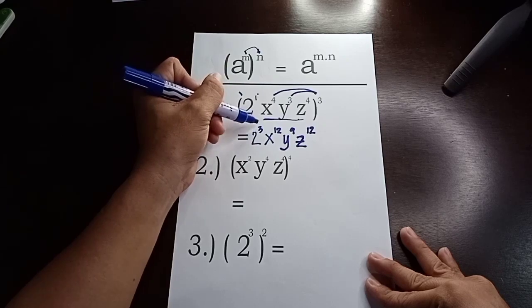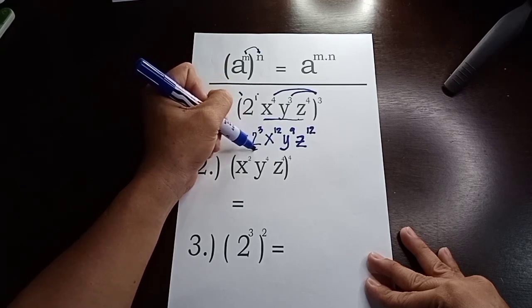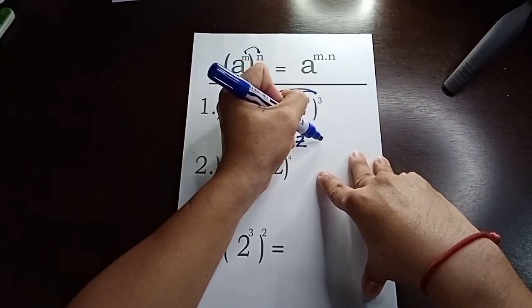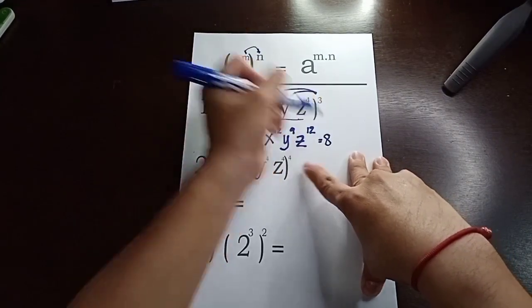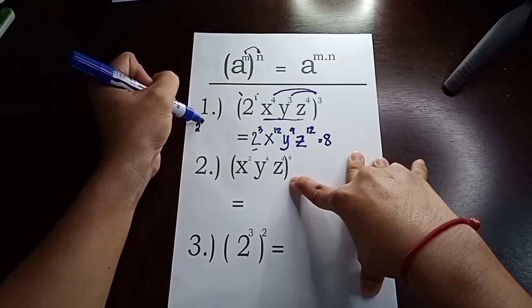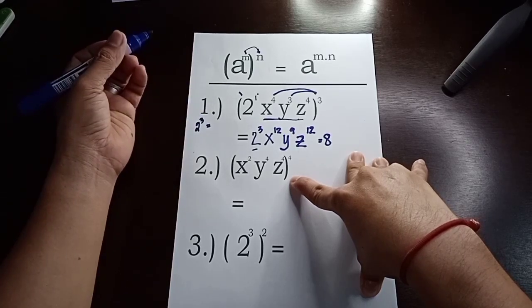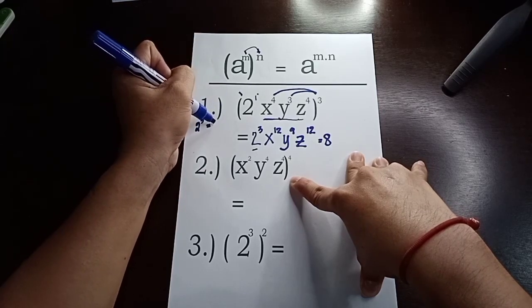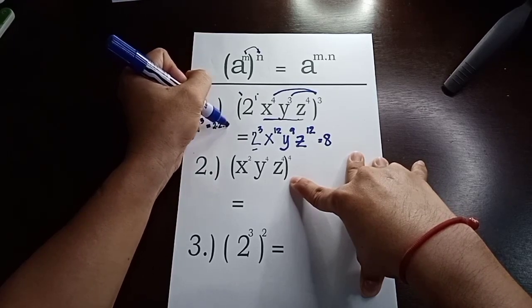Pero pwede rin natin i-simplify yung 2 raised to 3 is 8. Why? Because 2 raised to 3, kapag i-simplify po natin yan, 2 times 2 times 2.